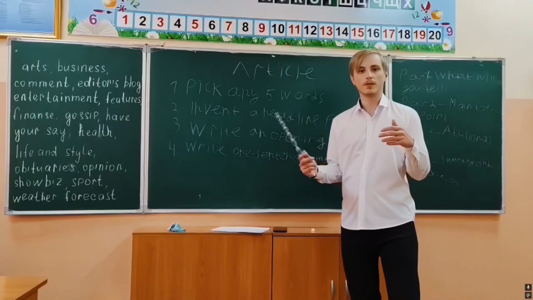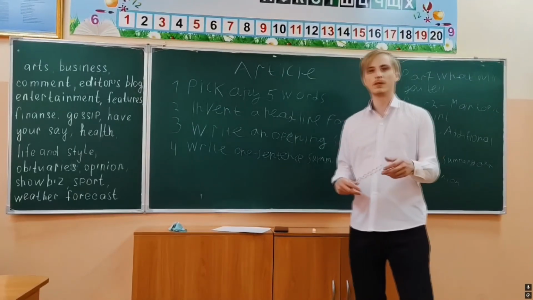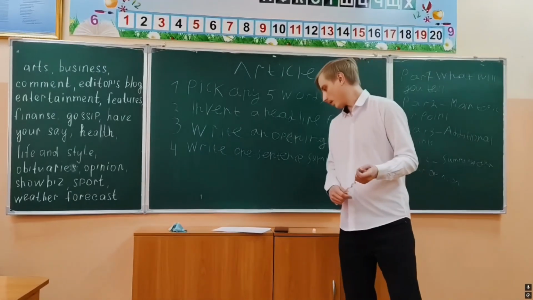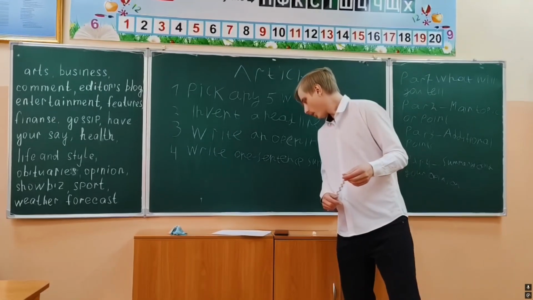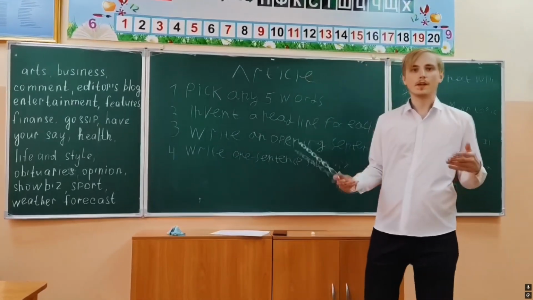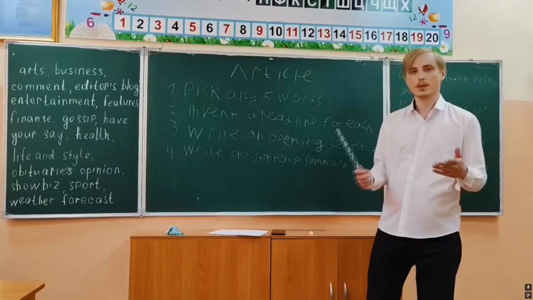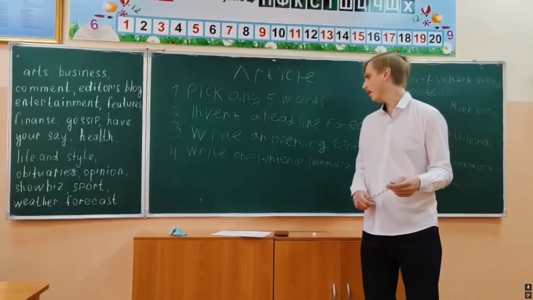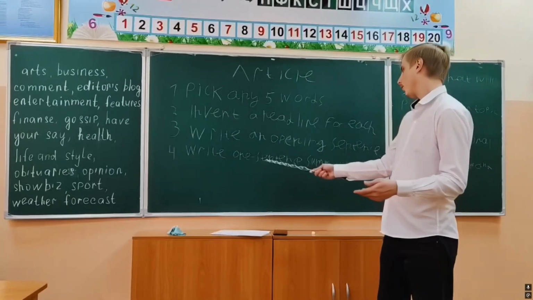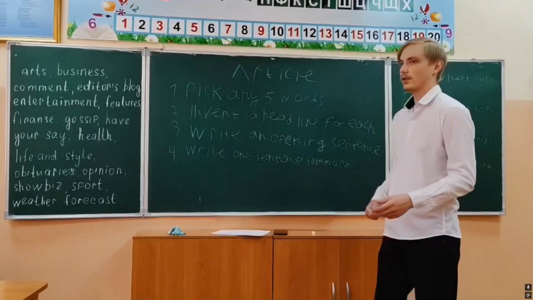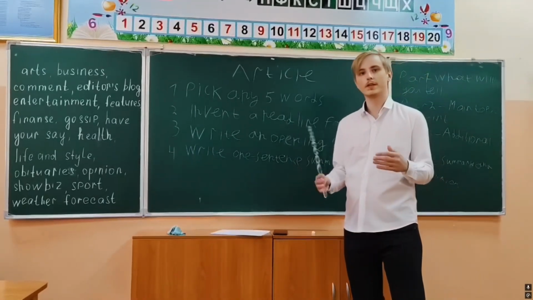It is the first sentence of your article that presents a main idea of your text. And in the end, you have to write a one sentence summary of the body part.